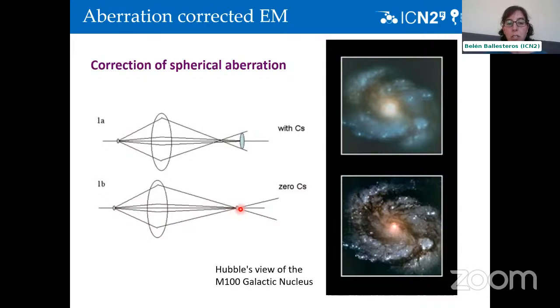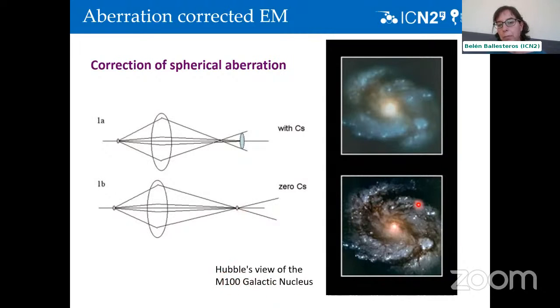Spherical aberration is not something that only happens in electron microscopes. They had this problem also in astronomy, and a few years ago they sent the Hubble telescope to study the galactic nucleus of a galaxy.